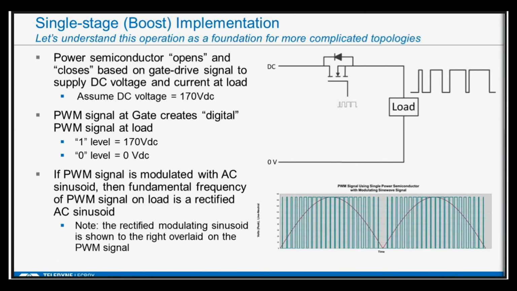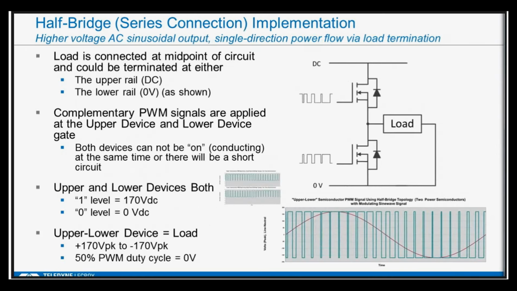Here would be your pulse width modulated sine wave. It's only going to be delivering power in the positive direction here. You might have a positive and negative modulating sine wave, but it's going to deliver a positive voltage, and it's going to look like this green pulse width modulated signal on the output.